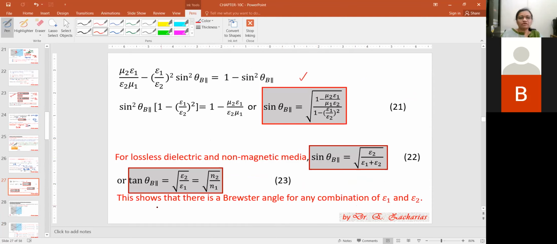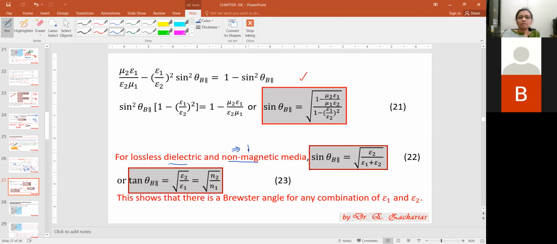Next, we have already said both the mediums are lossless. Now, additionally, we are going to put a condition: both the mediums are lossless and at the same time non-magnetic.